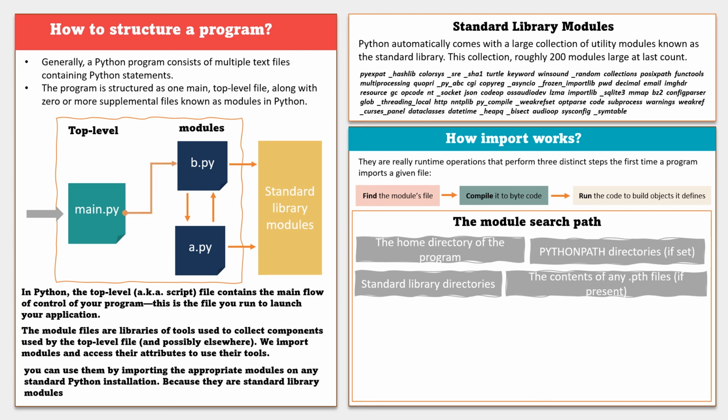So now, here is how Python uses each of these path components. The first one is the home directory. Python first looks for the imported files in the home directory. The meaning of this depends on how you are running the code.